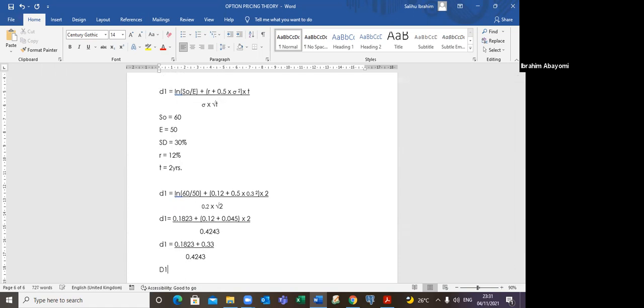So D1 will be equal to 0.1823 plus 0.33, everything over 0.4243.